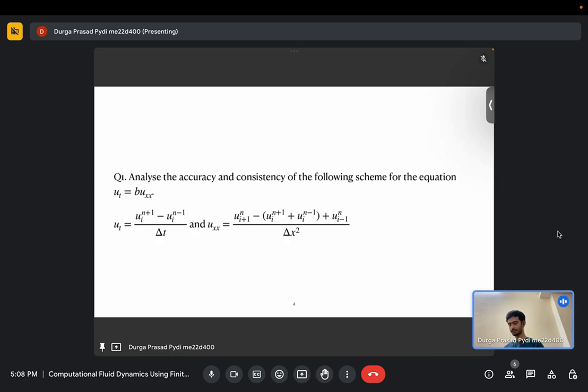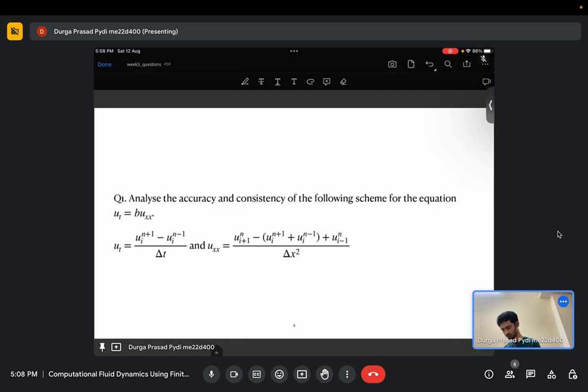So the first question here is, say you have a differential equation u_t equal to b times u_xx, and I'm giving you the discretization as follows. What I'm trying to do here is in the finite difference way, where your entire domain is first split across the space dimension, say x, and again you also have a time dimension.